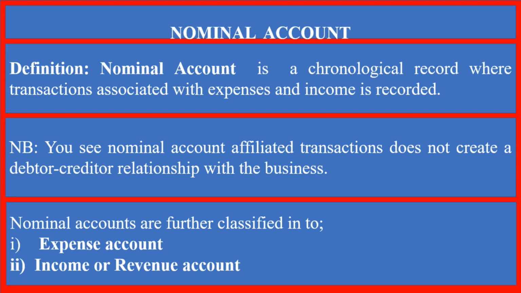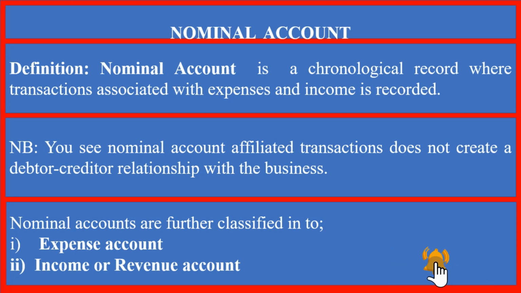I would like you to note this, that nominal account affiliated transactions do not create a debtor-creditor relationship with the business. Not like in the case of personal accounts, where debtor-creditor relationship is automatic. In the case of nominal accounts, this does not exist.